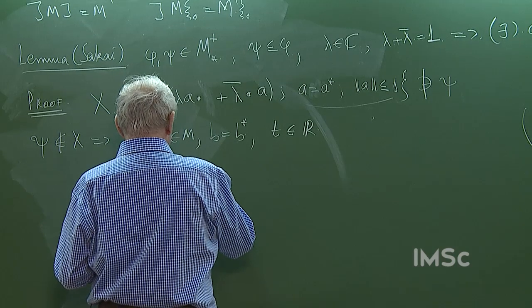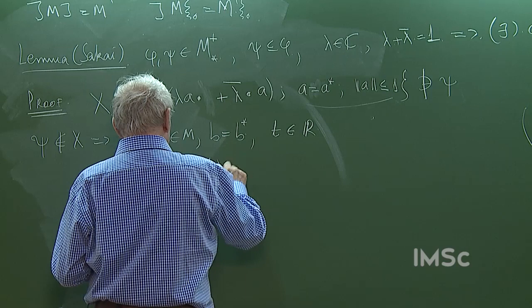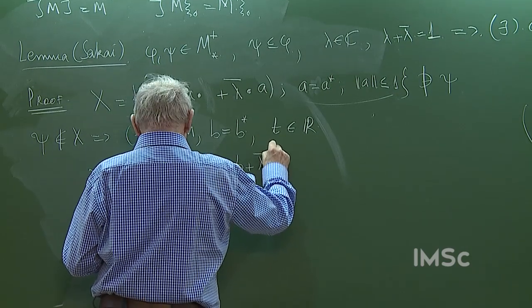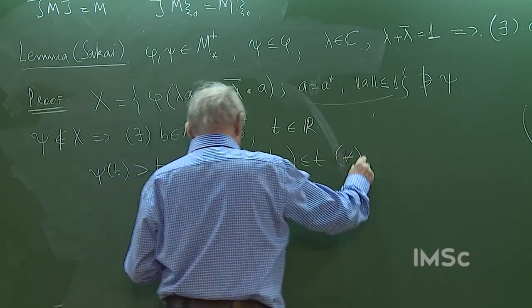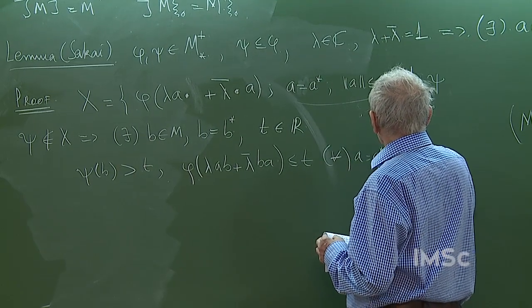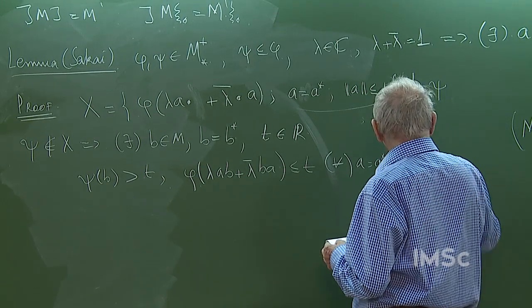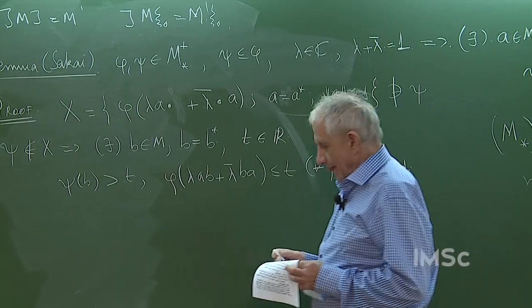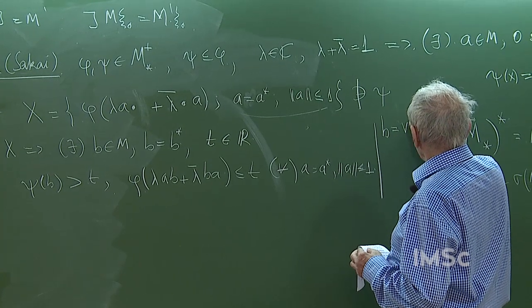That means phi of lambda AB plus lambda bar BA is less than T for any A equal to A star with the norm of A less than or equal to 1.